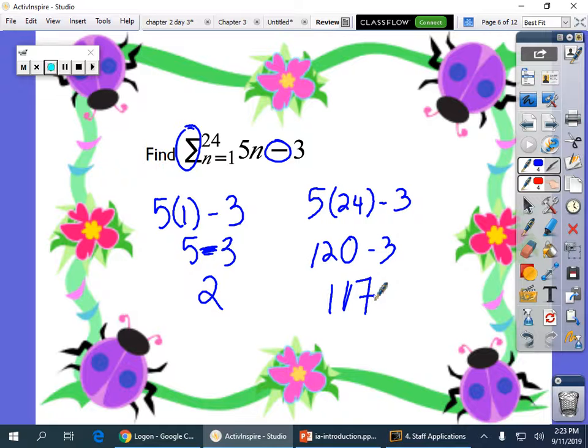As long as the bottom number is 1, whatever number's at the top is your total number of terms. It only is different if this isn't 1. All right, so 24 over 2, 2 plus 117, 12 times 119. Do you not know where those numbers came from? Your hand should be up. Okay, so what is 12 times 119?